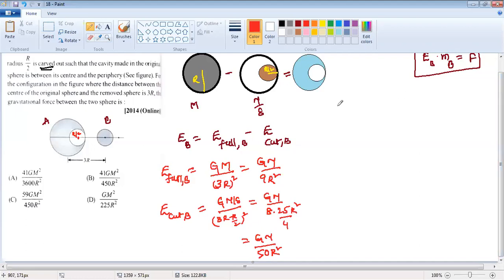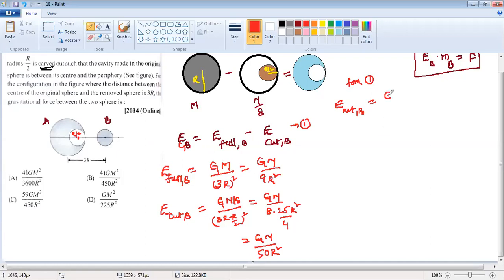So what is the field at B? E_B means the field at the center at B. The net field at B is E full minus E removed, from equation 1. So net field at B is the field due to the full sphere minus the field due to the cutting part sphere.